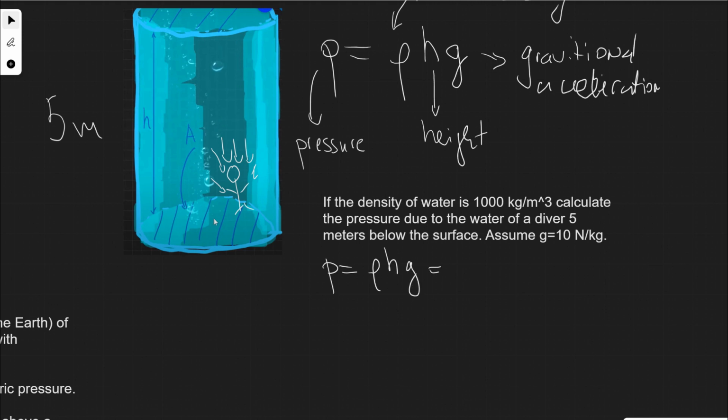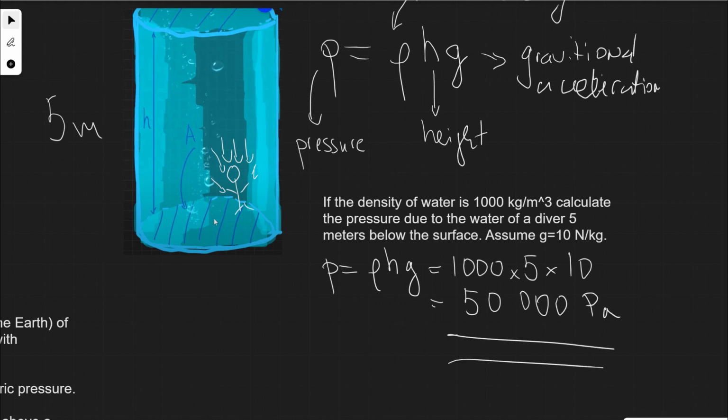Therefore, this will be equal to 1000, which is our density, multiplied by 5 multiplied by g, which we're assuming is 10. And this will give us 50,000 pascals.